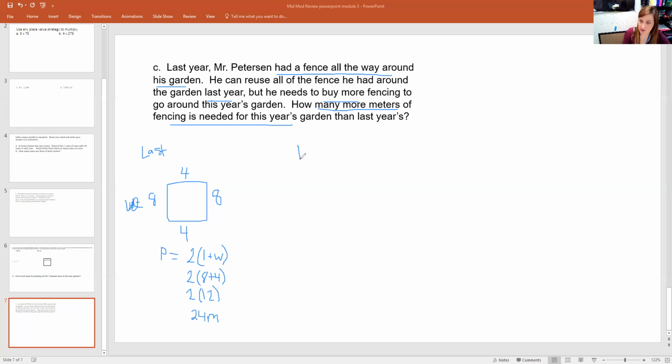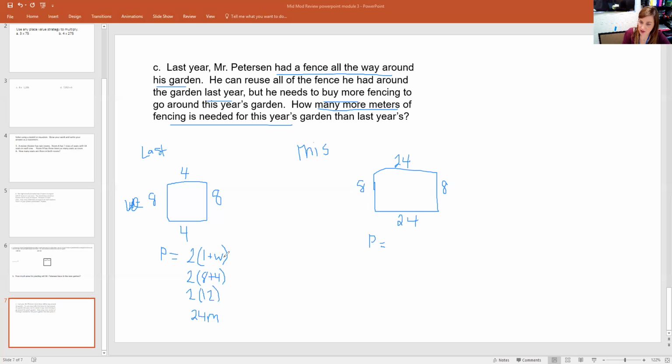Okay, and then we're talking about this year's garden, which we just figured out on the last problem. It was 8 and 24. So if this side's 24, I know this side's 24. And if this side's 8, I know this side is 8. Okay, so let's figure out the perimeter for this year's garden.